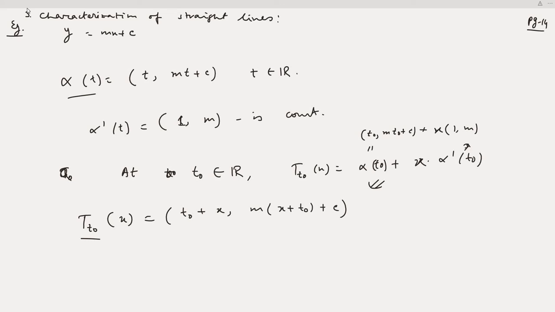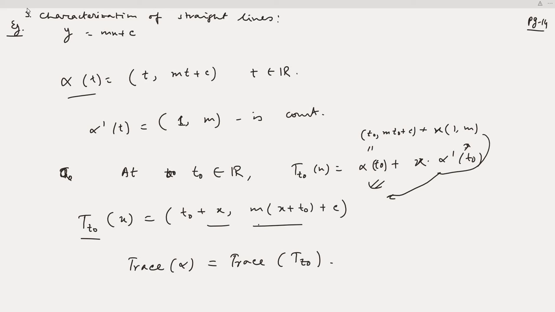So this addition gives t naught plus x comma m times t naught plus x plus t naught plus c. Note that the trace of alpha equals the trace of T t naught, so the straight line itself is the tangent of alpha.